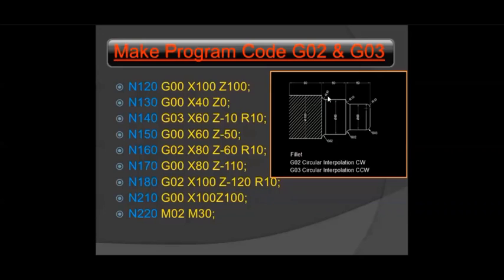R10 radius, fillet radius 10, G02 clockwise direction. Now G00 X100 Z100 tool position and M02 stop spindle, M30 stop program.